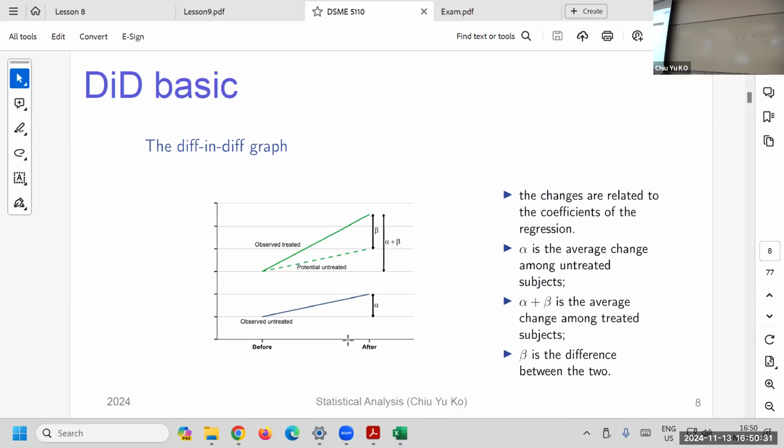If they don't get a master's, they should also go up this way. But with a master's, they go up higher. So this is what you see. You subtract this one, and this is the effect. So this is the effect of the master's. That is the main idea of DID. Okay.